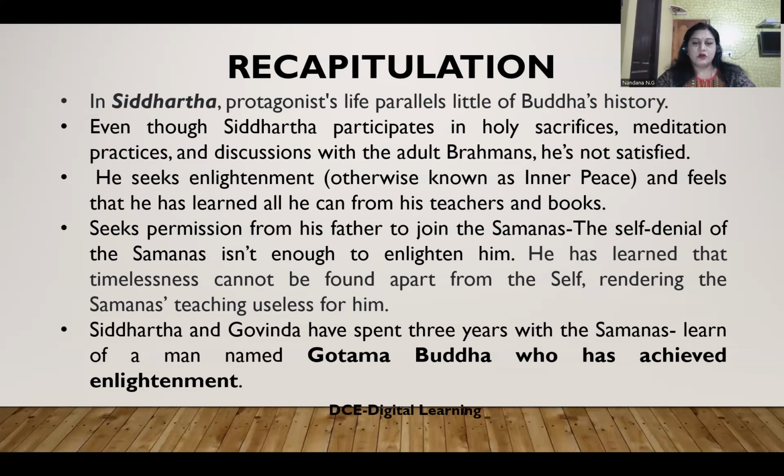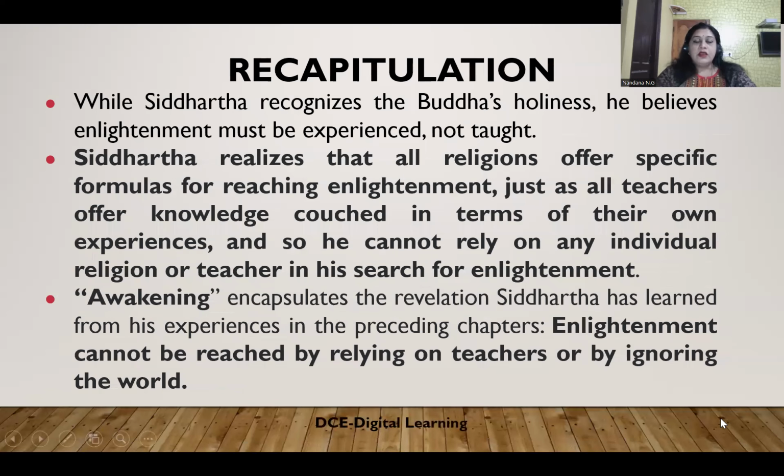Siddhartha and his best friend Govinda have spent 3 years with the Samanas. At the end of it, they are both not satisfied, and they also learn of a man named Gautama Buddha who has achieved enlightenment. When both Siddhartha and Govinda go in search of Gautama Buddha and meet him, while Siddhartha recognizes the Buddha's holiness, he also realizes that enlightenment must be experienced and not taught.